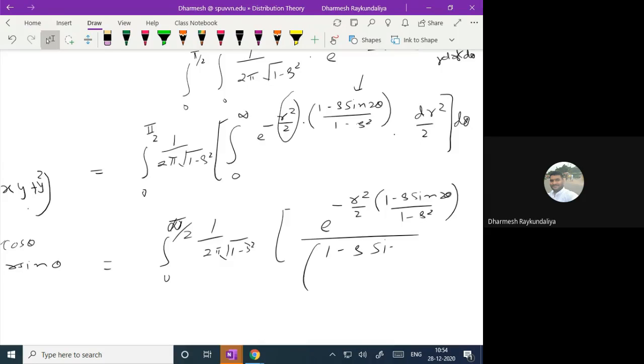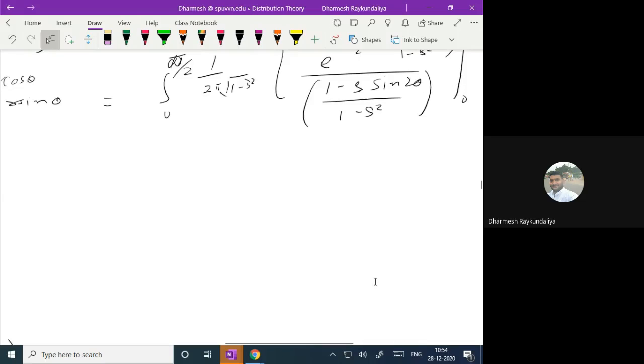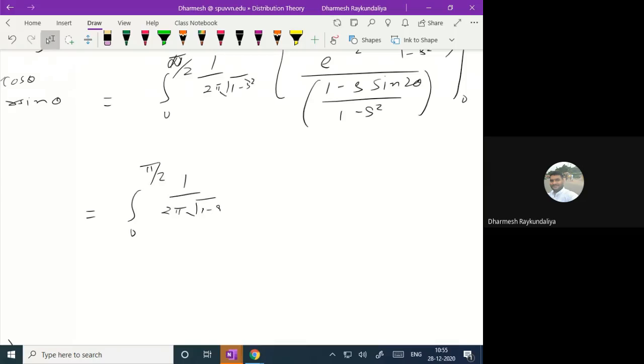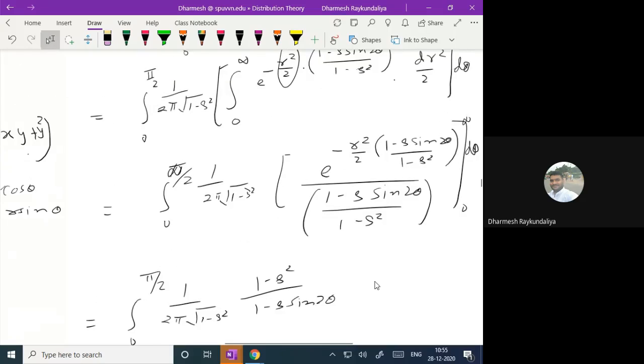It is minus 1 minus rho sin 2 theta upon 1 minus rho square, from 0 to infinity, d theta. One upon 2 pi square root of 1 minus rho square, and this constant I can write as 1 upon 1 minus rho sin 2 theta, into e raised to minus r square times 1 minus rho sin 2 theta upon 1 minus rho square, from 0 to infinity.